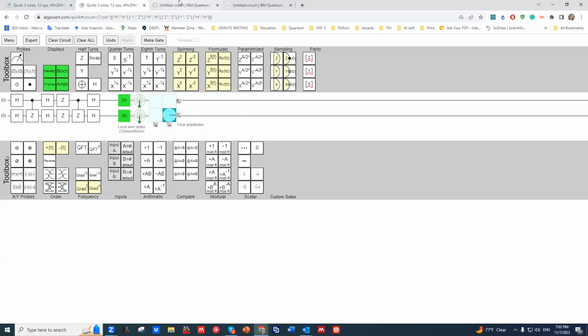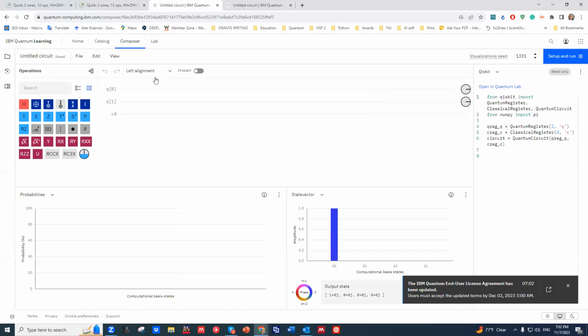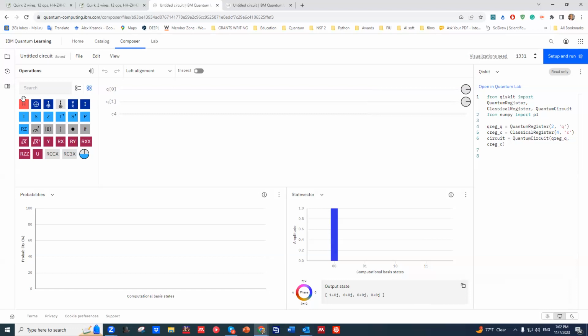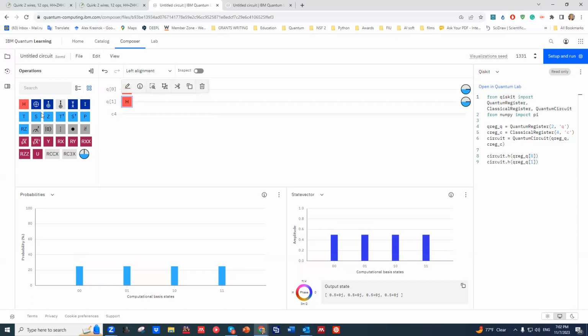The same can be, of course, designed in IBM Quantum. Right, so in this case we again start from application of 2 Hadamards.